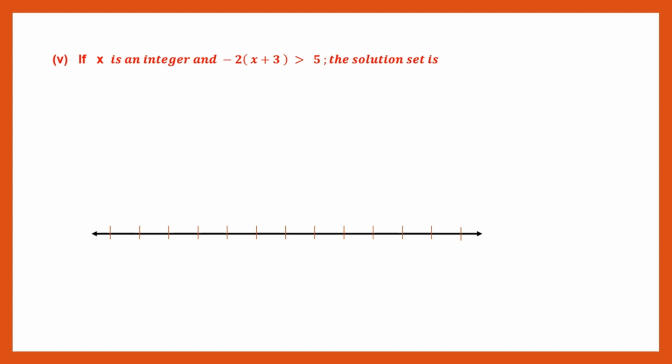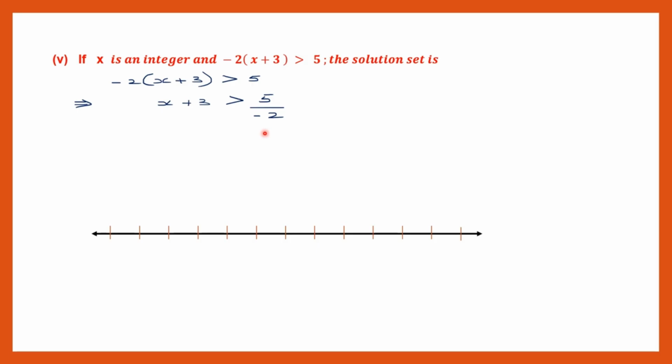So let's do that. So minus 2 into x plus 3 is greater than 5. So this will be x plus 3, I'm keeping only x plus 3 here, is greater than 5 divided by minus 2. So again, as you can see here, we have a negative number.